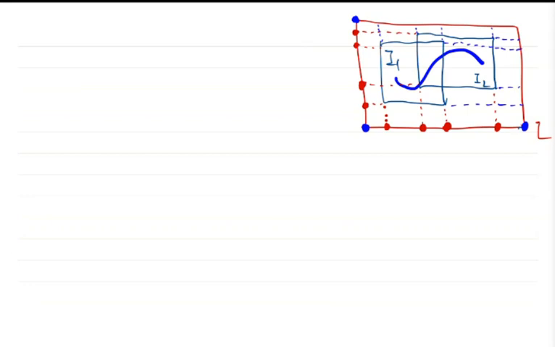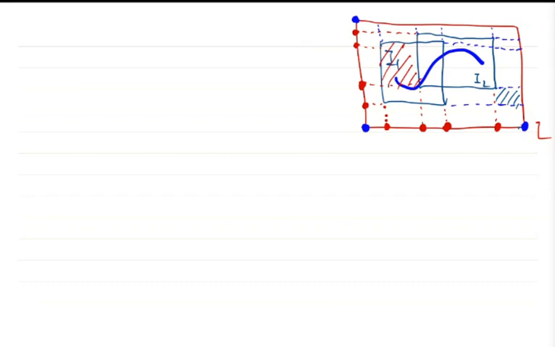As before, the subrectangles of this partition fall into two classes. One class is those contained in the union of the Ii, corresponding to the yellow one, that is this rectangle. The other is those not contained in the union of the Ii, for example this rectangle. The red and the blue rectangles are the two classes. So all the subrectangles of this partition can be categorized into two classes.